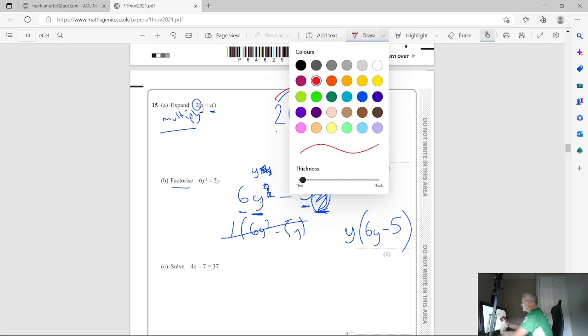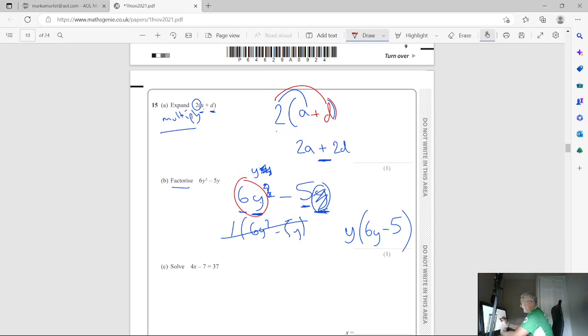So we're trying to take out something that's the same, so I would end up with these 2 terms inside my bracket. And remember, I've taken this y outside of the bracket. I'm only taking one thing because it's common, it's a factor. So when I multiply that back out, y times 6y would give me 6y squared, and y times negative 5 would give me negative 5y. So I'm back to where I started.